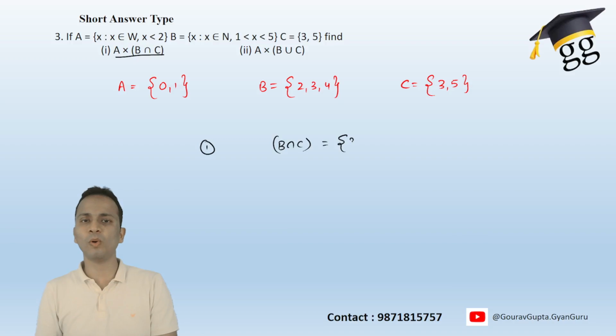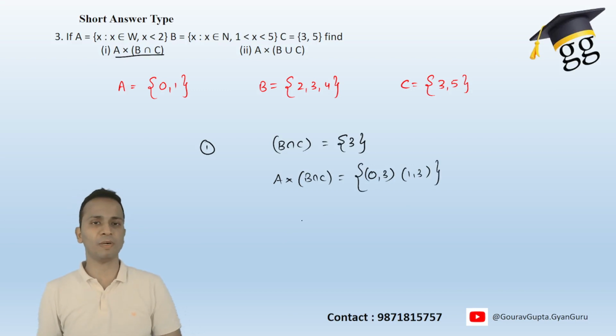So there is only one common element in B intersection C, and I'll find its Cartesian product with A. So A cross (B intersection C) will be equal to {(0, 3), (1, 3)}. Only two elements will be there. This is the first part.